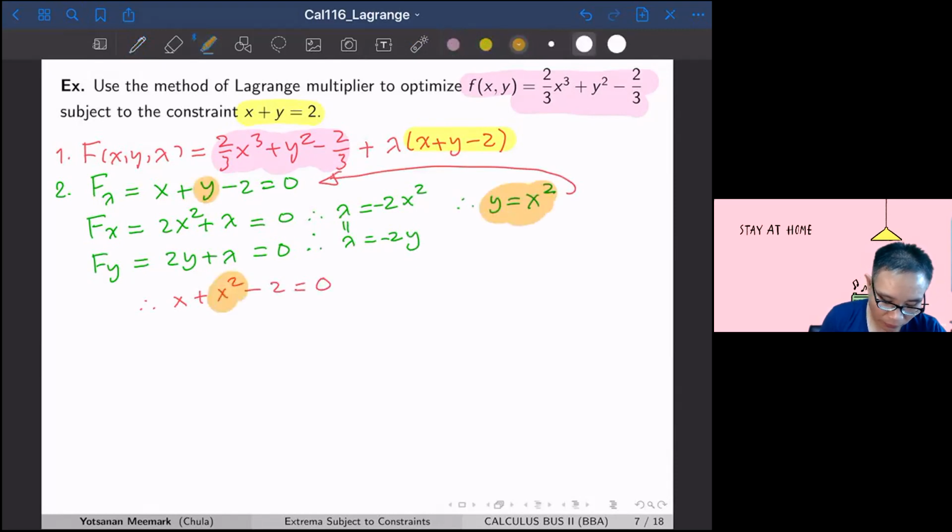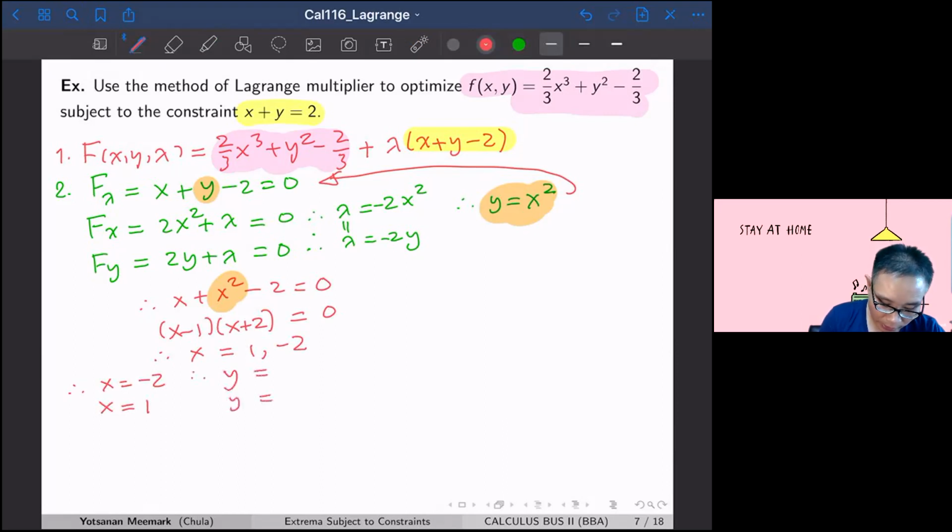Okay, so this one, you are allowed to factor into two parentheses. So you have x and x, 2 and 1, and you're gonna have plus and minus. So you would get x equal to 1 and negative 2. Okay, so you have x equal to minus 2, x equal to 1. So you solve for y.